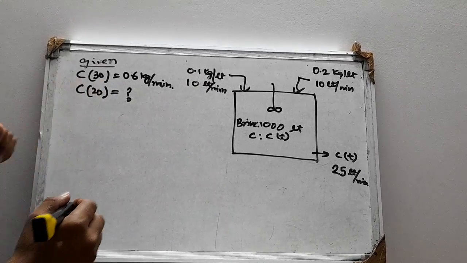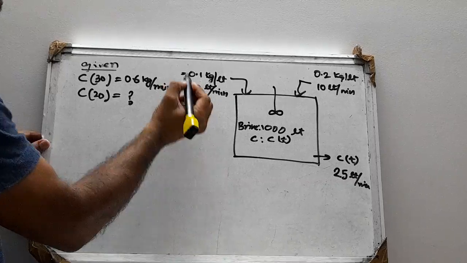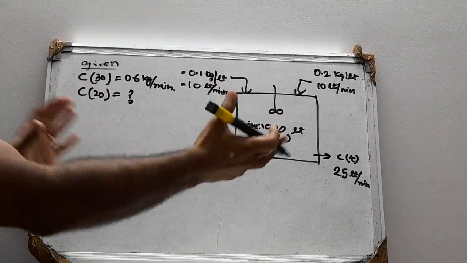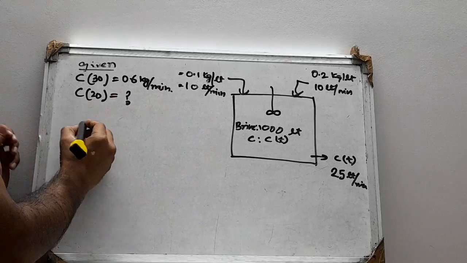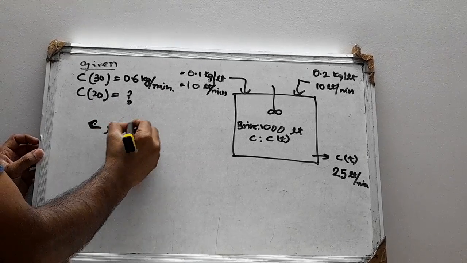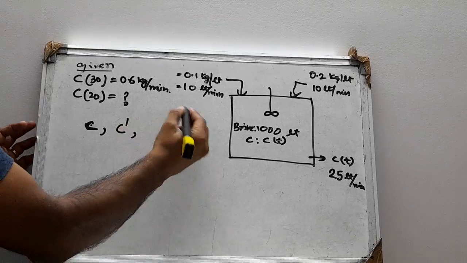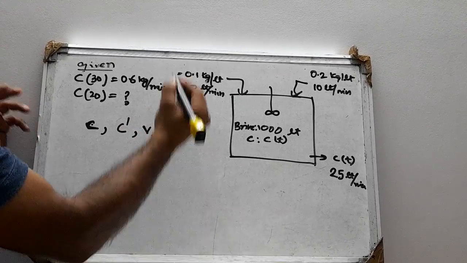So we first need to model this situation. That model will have concentration C and its derivative, similarly volume and its derivative.